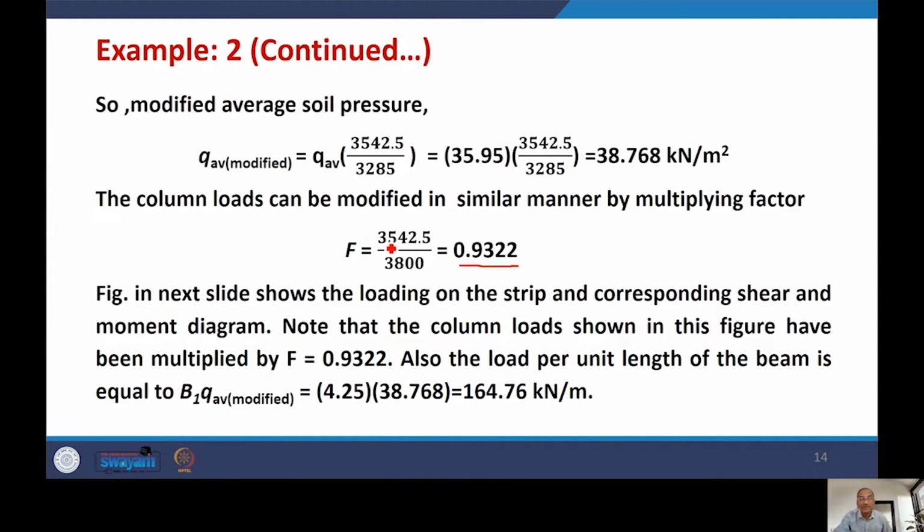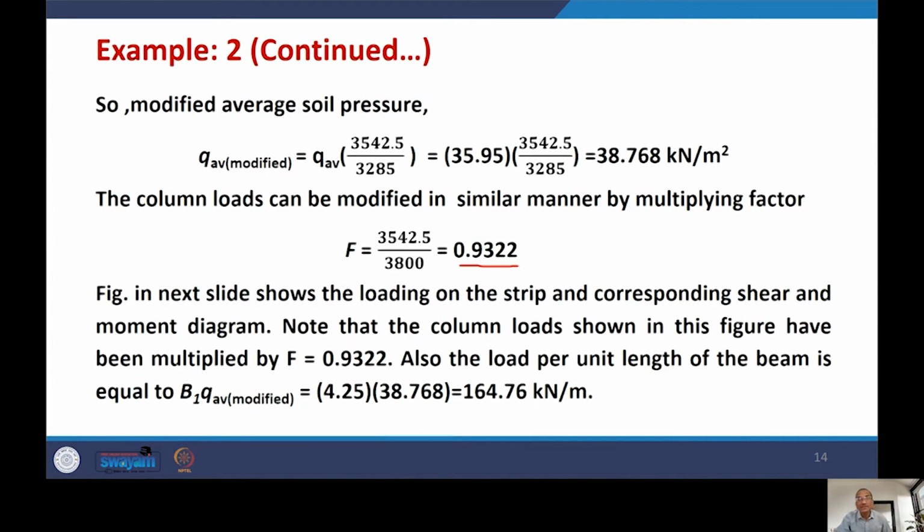You multiply the load on each column by this factor 0.933 and find out the loads. The load per unit length of the beam will be B1 into Q average modified; Q average is 38.768, which we have already calculated, and B1 is 4.25, so you get 164.76 kN/m.